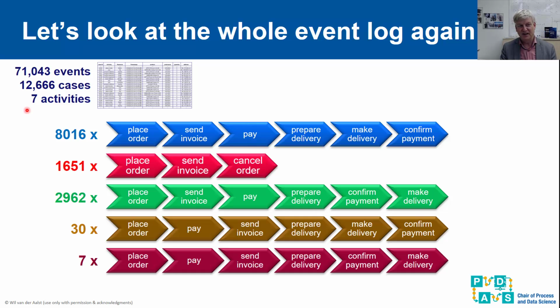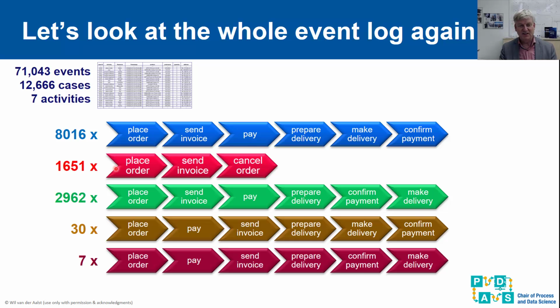In total, there are over 12,000 cases. And here you see how these cases are composed. For example, 8,000 cases, in this example orders, follow this sequence of activities: place order, send invoice, pay, prepare delivery, make delivery, confirm payment.